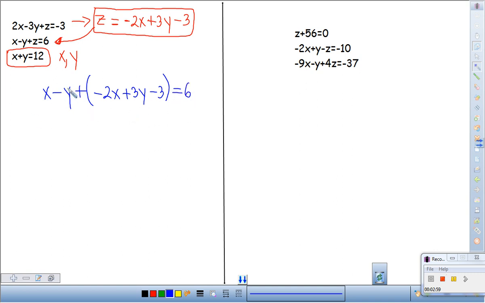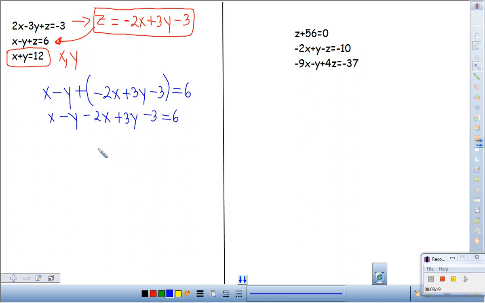I hope you can notice that we do have some like terms that we can collect once we expand outside of the bracket. So we have x minus y minus 2x plus 3y minus 3 equals 6.